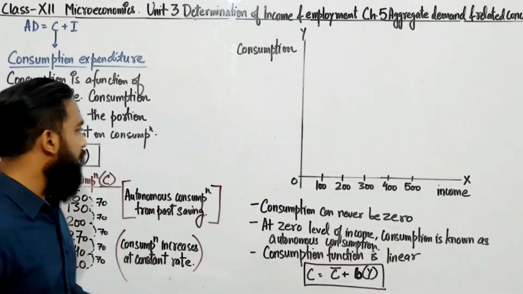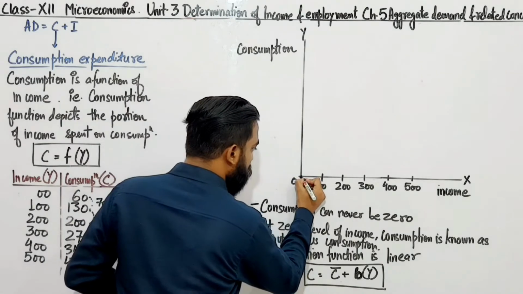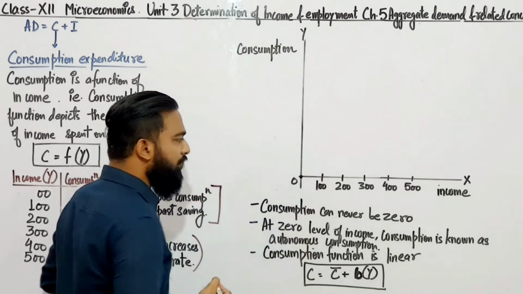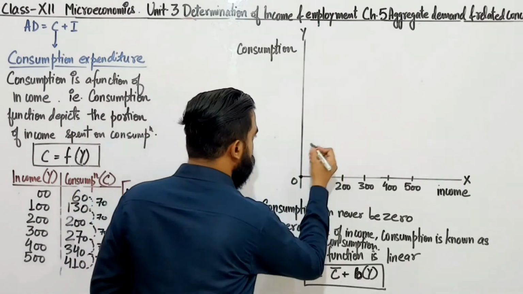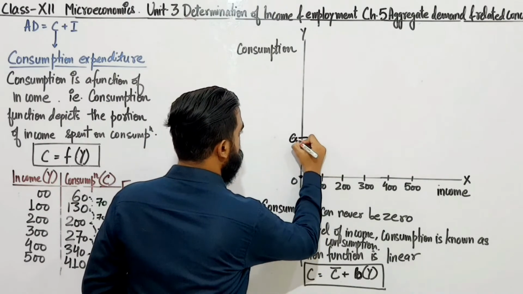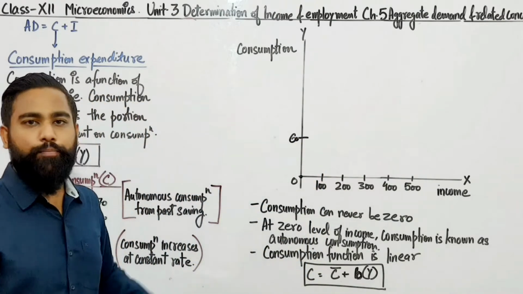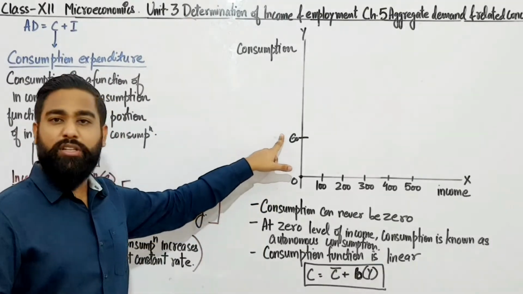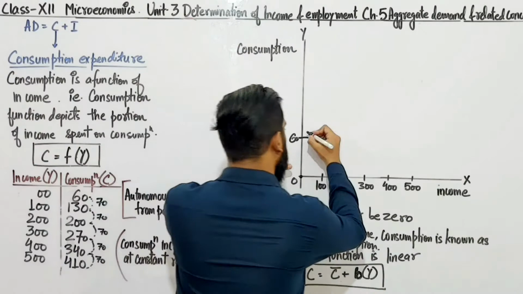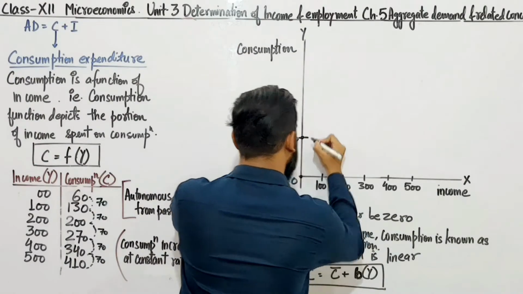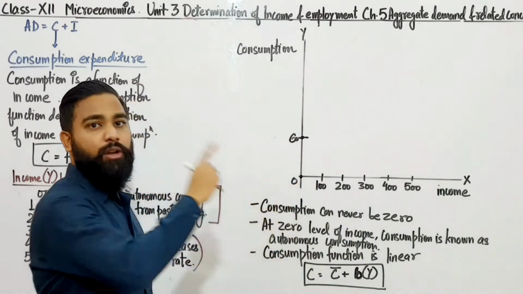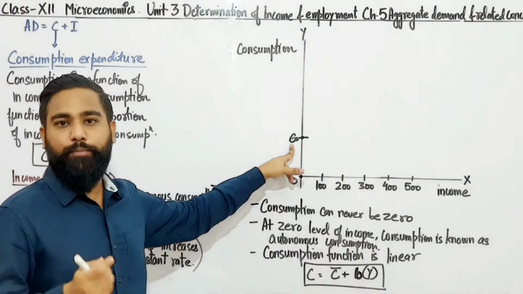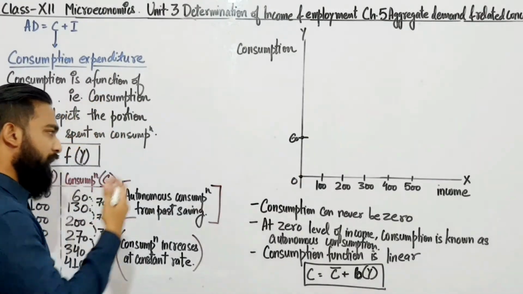Now at zero level of income, the consumption was 60. Let's mark it 60 here. Suppose this is your point 60. Now at zero level of income, your consumption was 60. So your curve will start from this point, not from the origin. Fine. Now let's draw it.